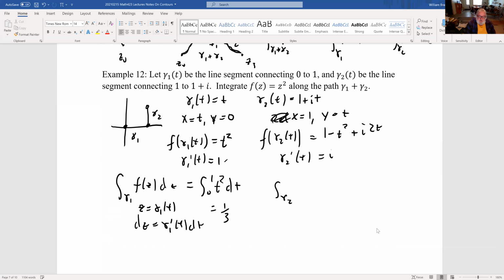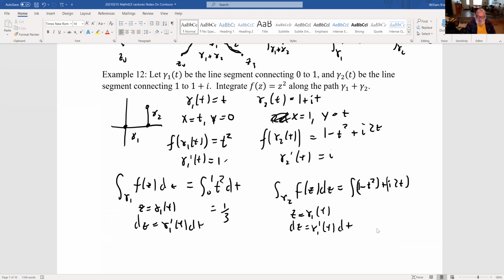The integral around gamma 2 of f of z dz is, again, z equals gamma 2 of t, dz equals gamma 2 prime of t dt. So this integral is the integral of 1 minus t squared plus i 2t.